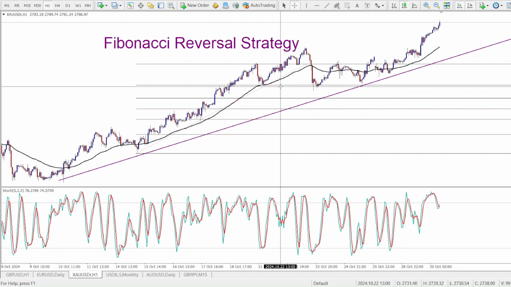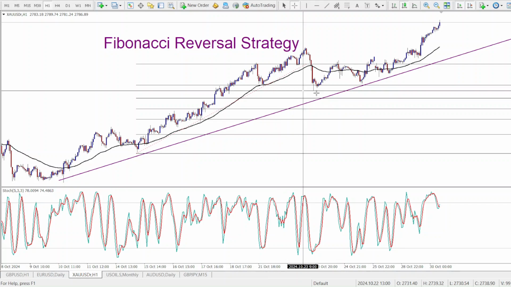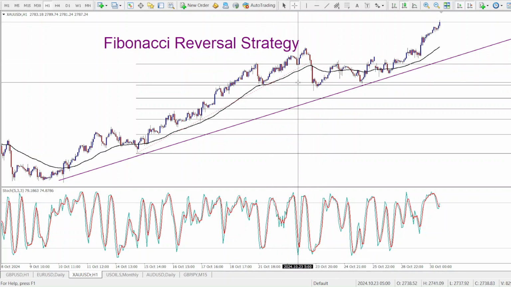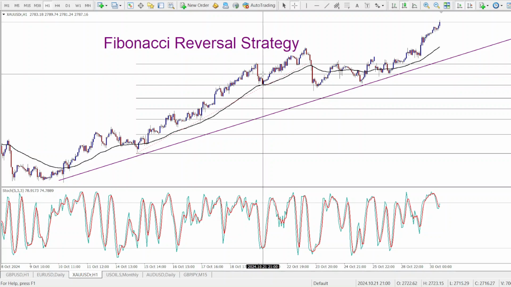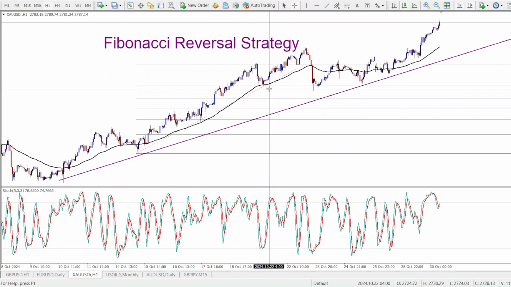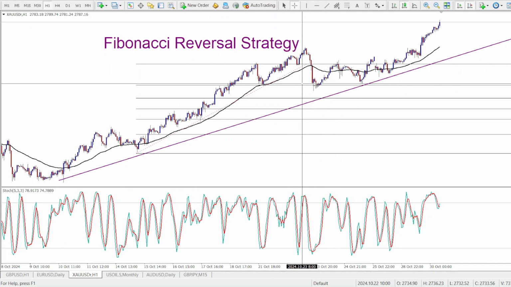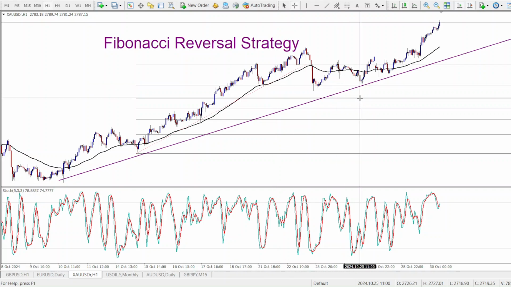All right, now here is a quick checklist when using the Fibonacci reversal strategy. This is basically targeting reversals or pullbacks. If you're using the Fibonacci retracement tool, you want to be looking out for pullbacks or reversals.